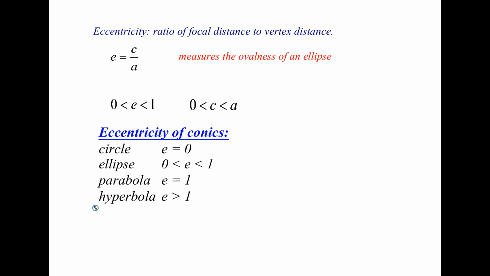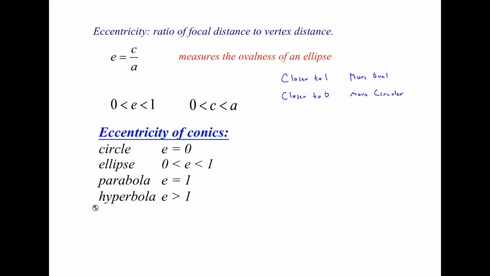So when you divide these values, what we find out is the closer this number is to 1, the more oval the ellipse is, more stretched out it is. The closer it is to 0, the more circular an ellipse is. So that's what eccentricity is.